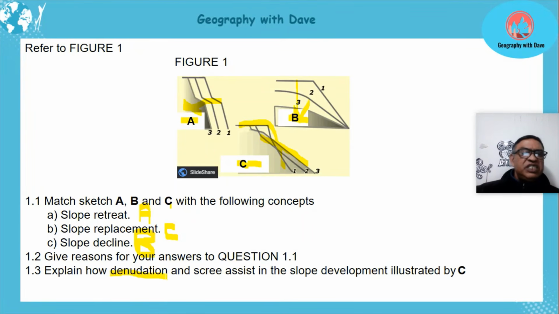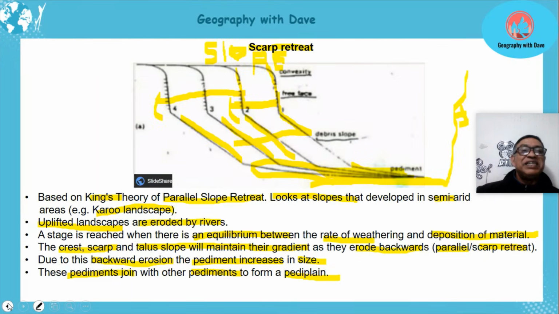Explain how denudation and scree, I hope I now got it right, assist slope development of C. Okay, now how does that work? All it's asking you is go back to that theory. All right, let's look at that note, and I want to show you that all is in your notes. You just have to apply it to the question.